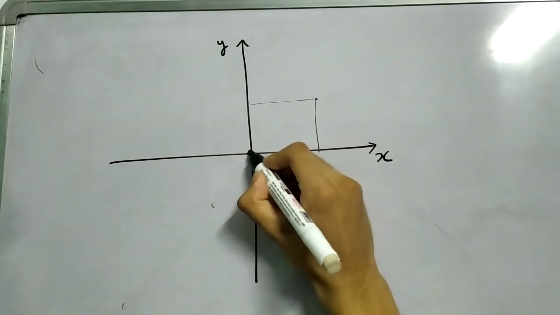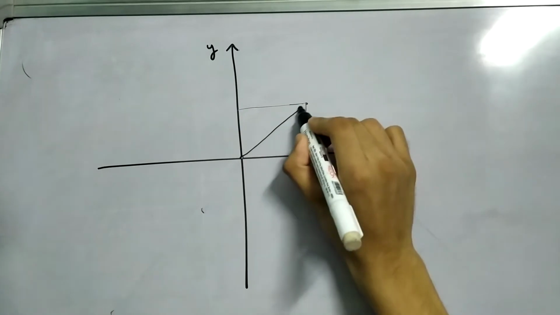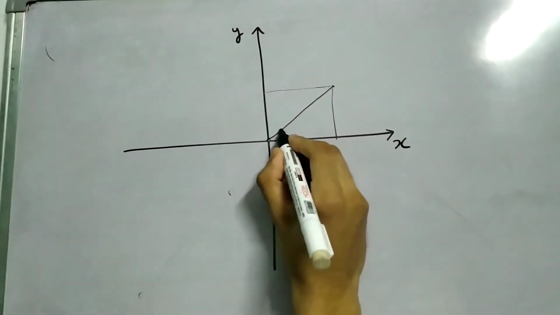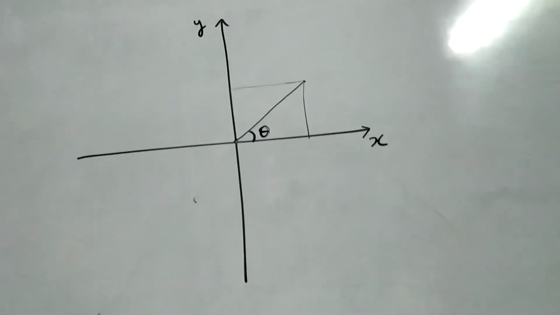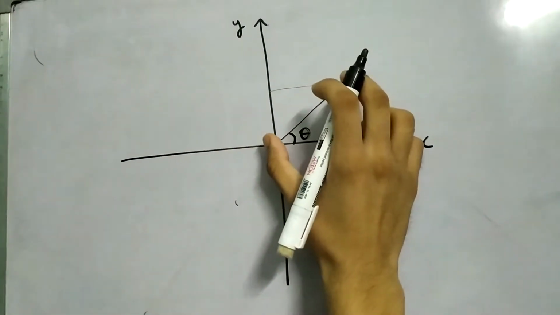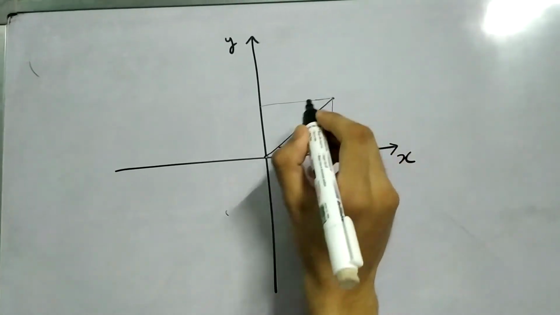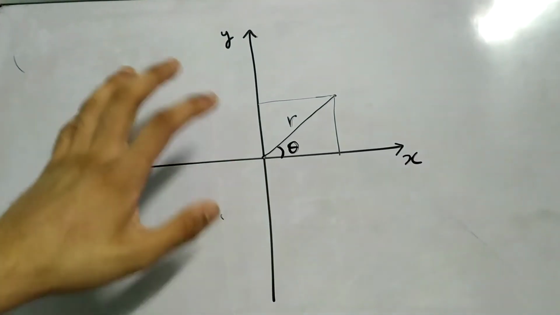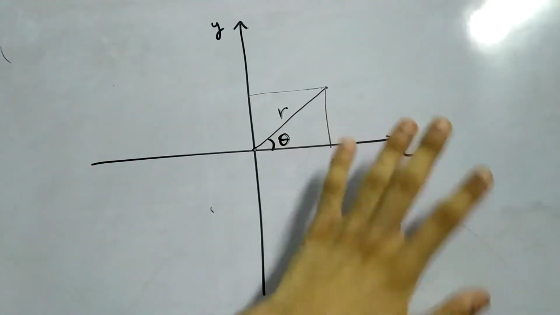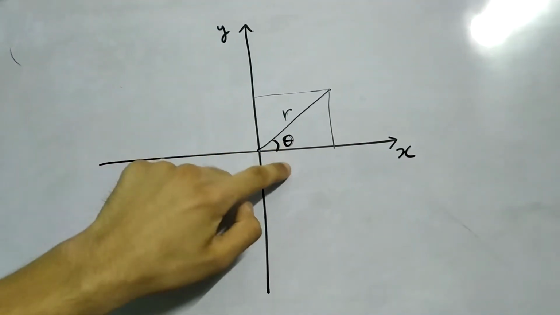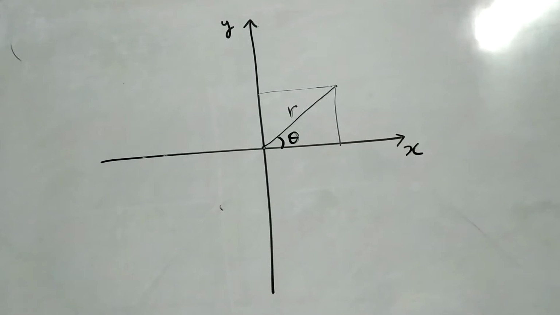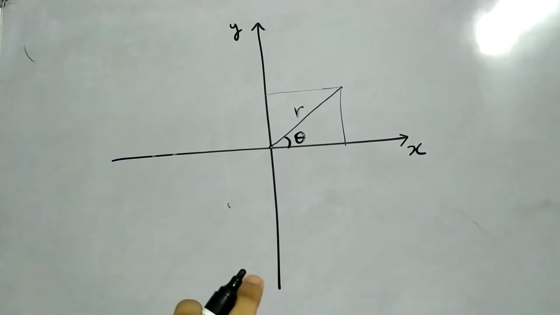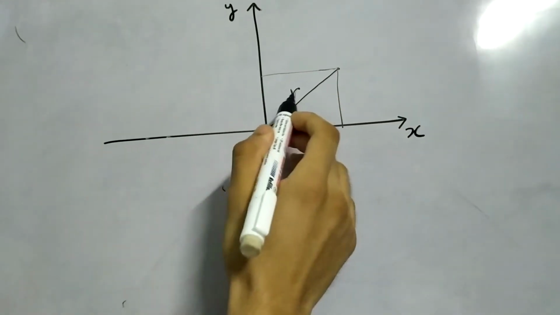We take the origin and join this point to the origin, and note how much angle this makes, and the distance between the origin and this point is called r. So we can describe all the points in this plane in terms of r and theta. This coordinate system is known as the polar coordinate system.